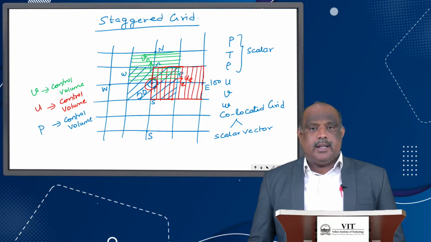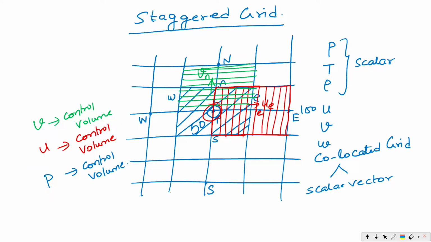In the general arrangement, there is a main control volume where both the scalar quantities like pressure, temperature and density, as well as the vector quantities like u, v and w, are stored at the center of the cell, namely the P control volume.